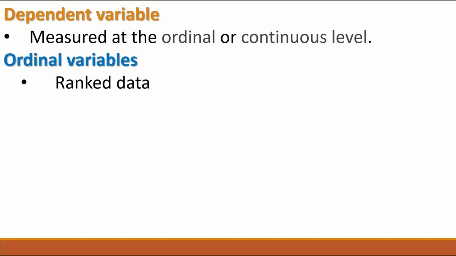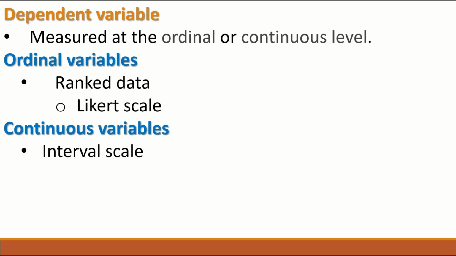So ordinal variables are variables with data that can be ranked, such as the Likert scale, which is frequently used in surveys and questionnaires to obtain a response from participants. The scale can be 5 points, Likert scale 7, and so on. And the response can be from strongly disagree to strongly agree, and so on.